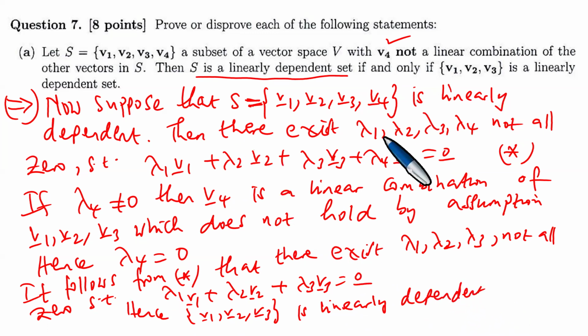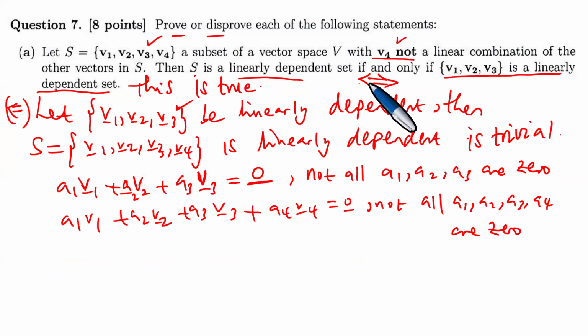Okay, so to prove this, I proved it in 2 ways. If you need to prove an if and only if statement, it is in both directions, so we started from the conclusion and deduced the premise. We assumed that V1, V2, V3 form a linearly dependent set, and we got that S is linearly dependent.